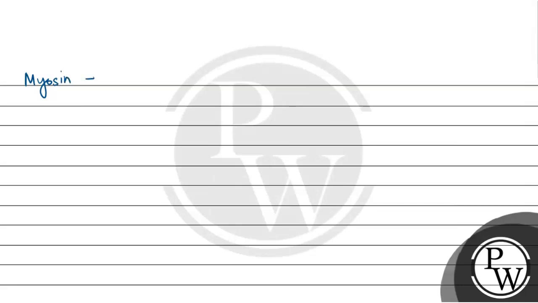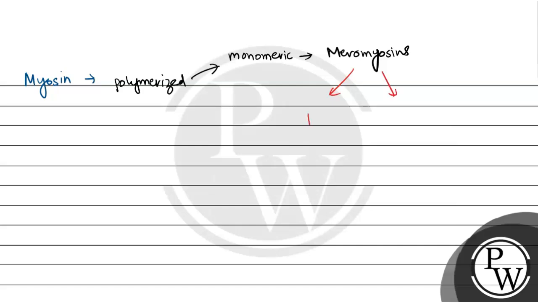Myosin is also a polymerized structure which is made up of monomeric units called the meromyosins. Meromyosins के फर्दर दो पार्ट होते हैं, head and tail.